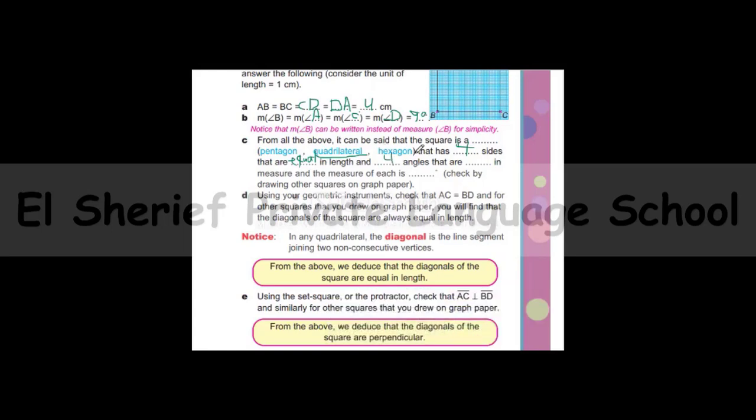Now complete the reading. They are what in measure? As we said before, all angles are equal in measure, so we can write equal in measure, and the measure of each angle is what? Is 90 degree. We can measure these angles and check our measuring by protractor.